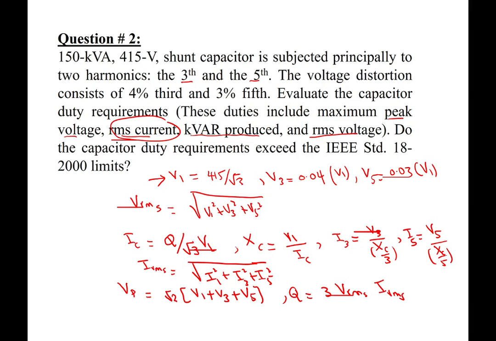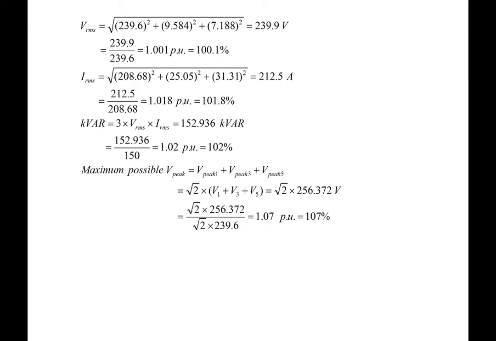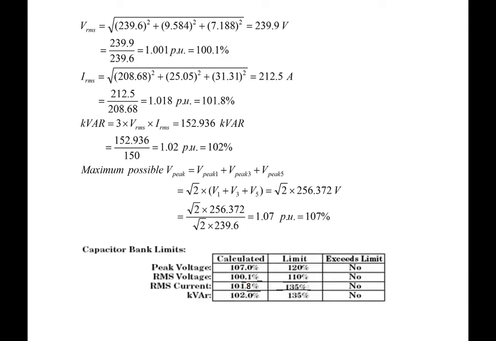And then of course we can compare this value with IEEE. Okay, so those are the calculated values for the IC, V phase, XC as we did it, and then we can compare those with what is given in the standard.